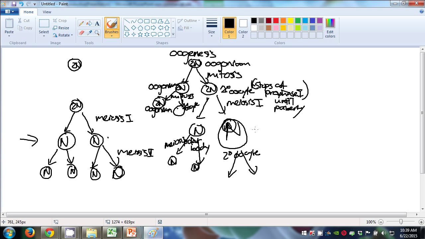This secondary oocyte stops at metaphase 1, okay, until when? Yes, until it is fertilized. So metaphase 2, sorry. Metaphase 2.